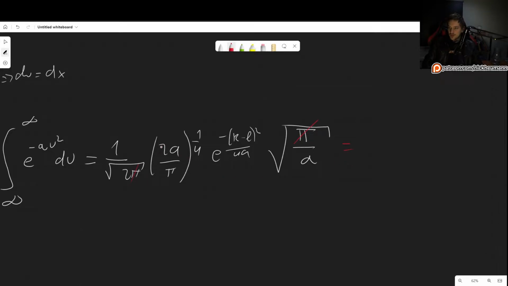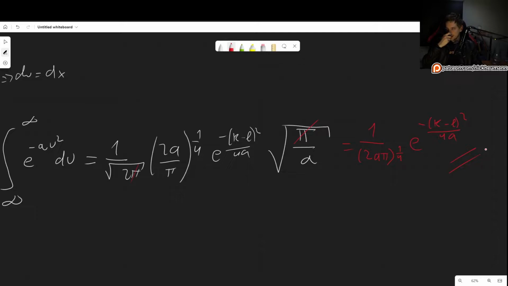And then notice that we have 2 to the 1/4, 2 to the 1/2, pi to the 1/2, to the 1/4, and a to the 1/4 divided by a to the 1/2. So when we combine all of those, we get 2, a, and pi, all of them in the denominator, to the 1/4, times the exponent e to the minus (k minus L) squared divided by 4a.